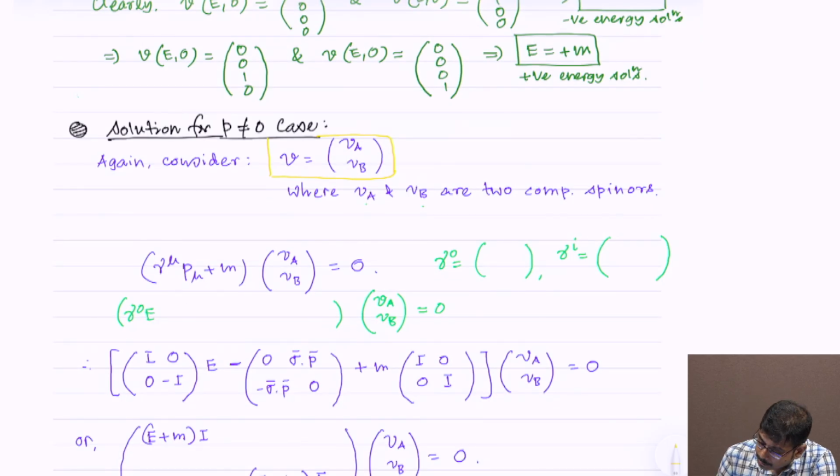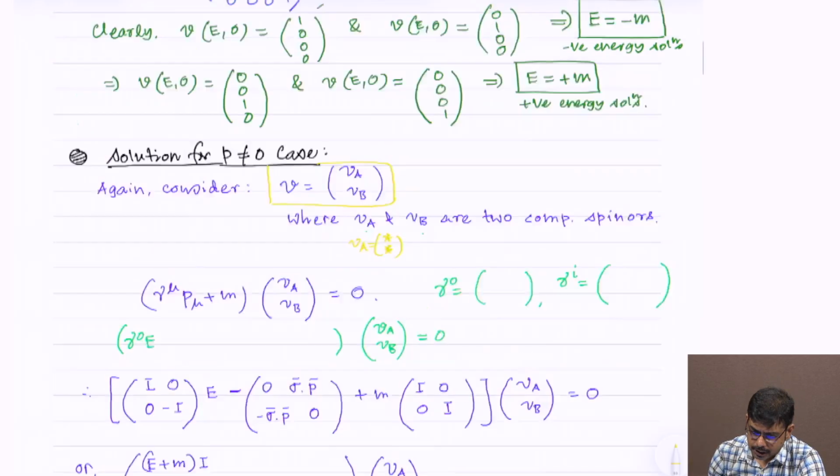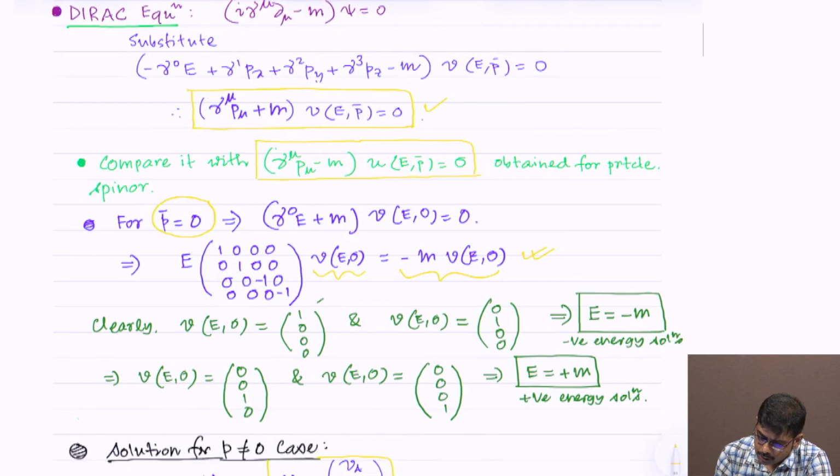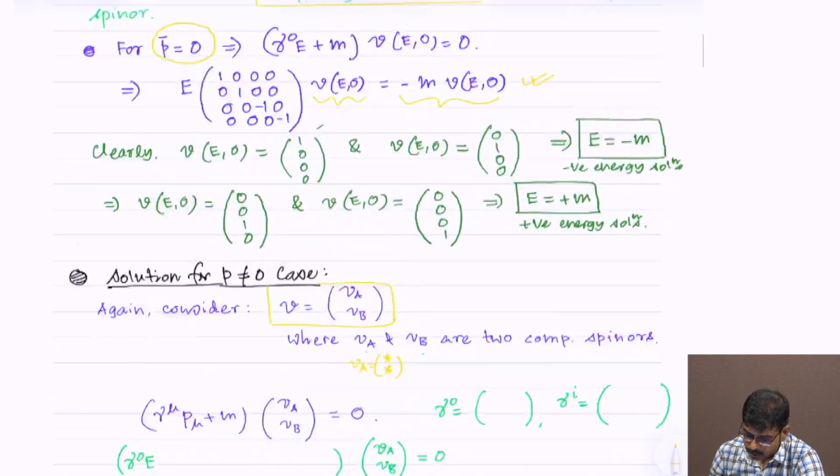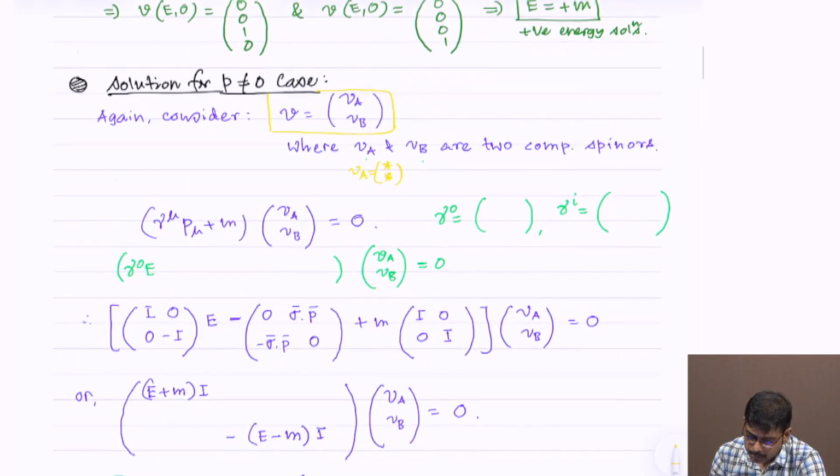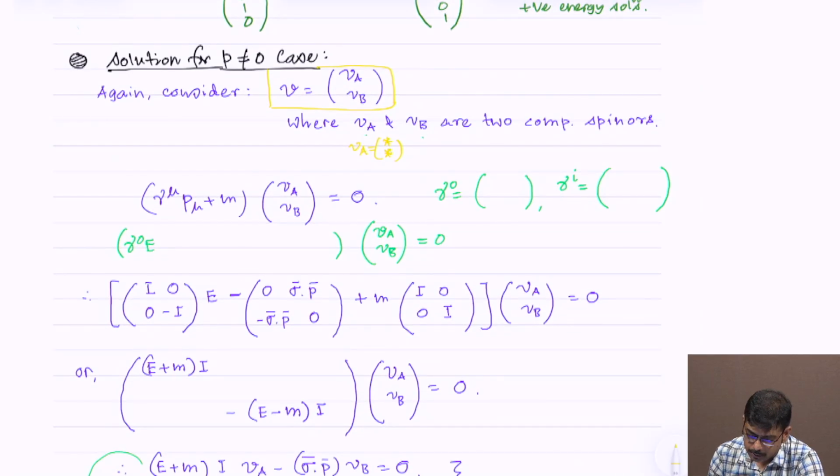So vA and vB are 2-component spinors, each with 2 entries, and now let us put it back into the Dirac equation. The Dirac equation for the antiparticle spinor reads (gamma mu p mu plus m) times (vA vB) equal to 0.